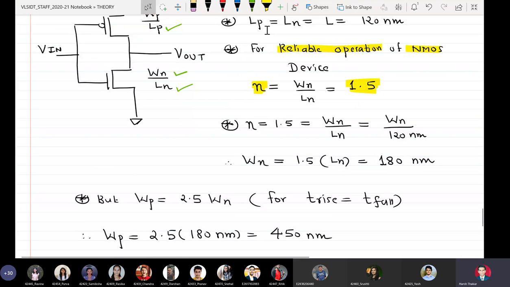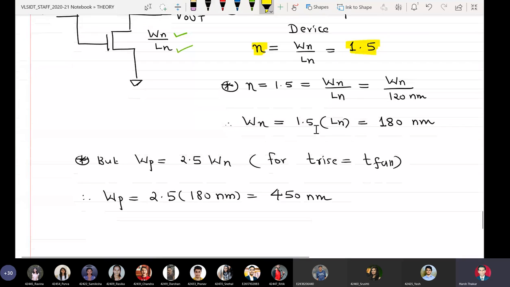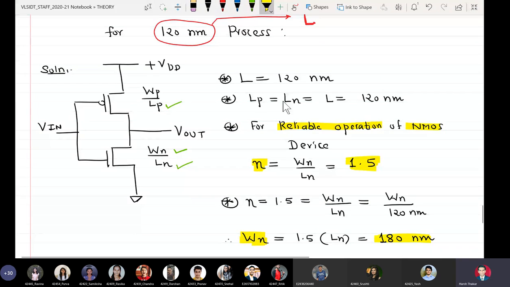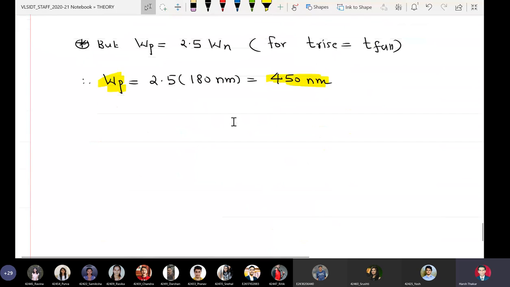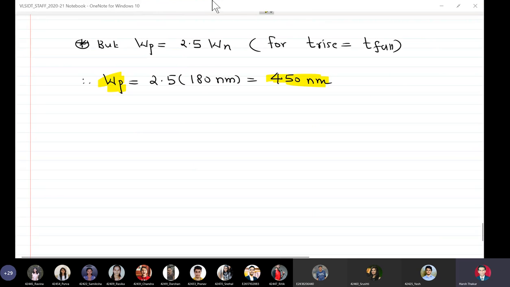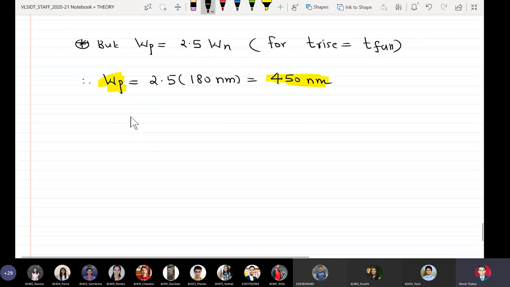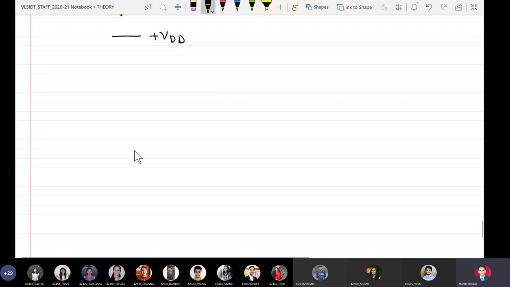So after calculating these values, that is Wn equal to 180 nanometers, Wp equal to 450 nanometers, and Lp equal to Ln equal to 120 nanometers, the solution comes like this, that this is how you are expected to express the solution.